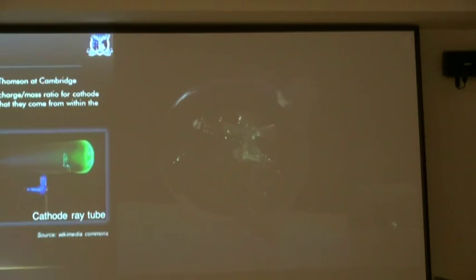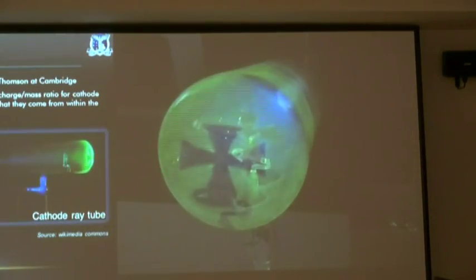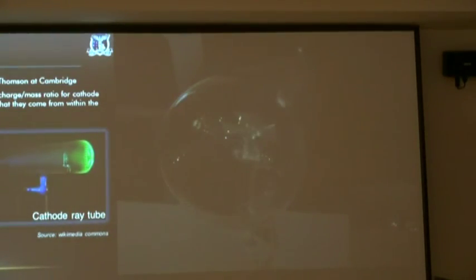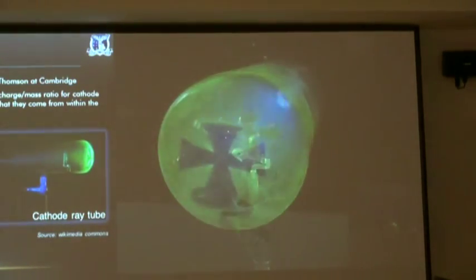I have to be careful I don't blow my delicate silicon electronics with this, where he took a high voltage discharge in a tube of rarefied gas, and something is emerging from the cathode under the high voltage stimulus, streaming through the tube and impacting with the glass at the far end, and you can see the shadow of the Maltese cross that's inside the tube.